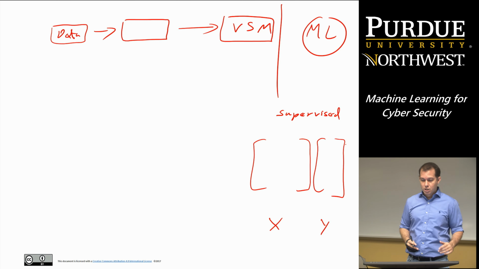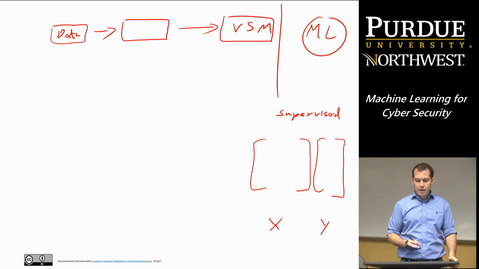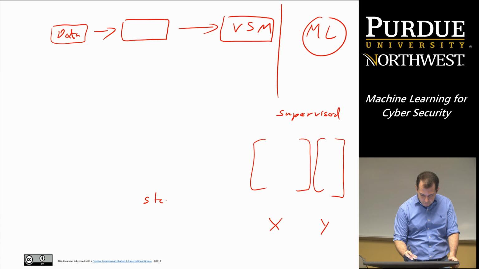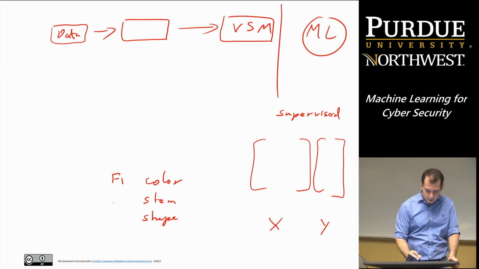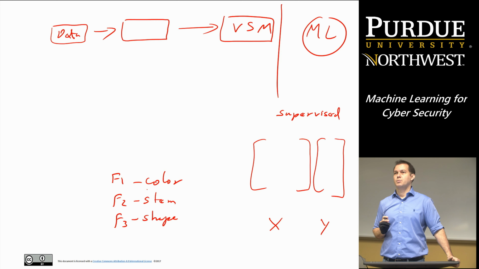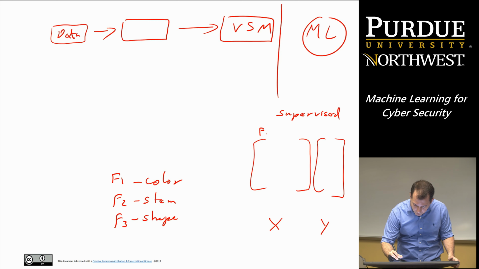Exactly. So those are the features: stem, shape, and color, correct? Now we don't want to write all of this on the matrix, so let's just call these F1, F2, F3. Pretty simple. So we do F1, F2, F3, let's say F4.